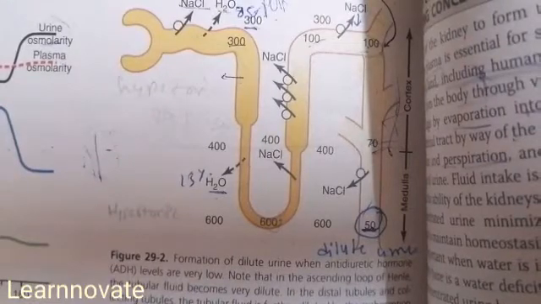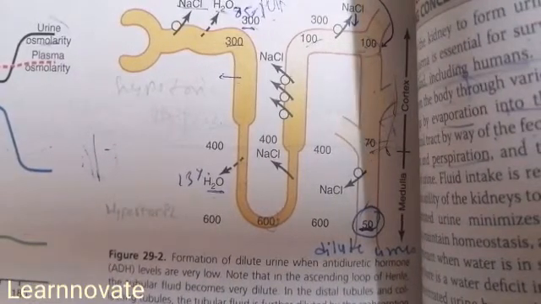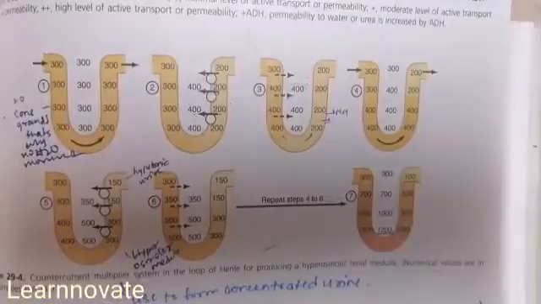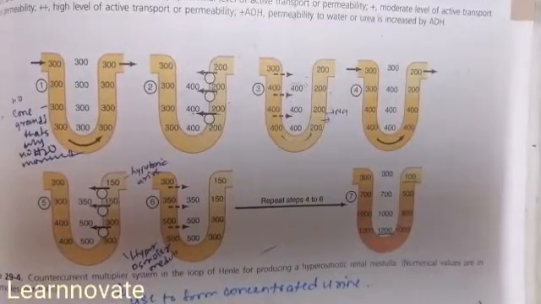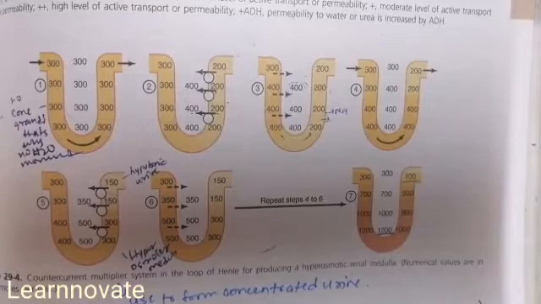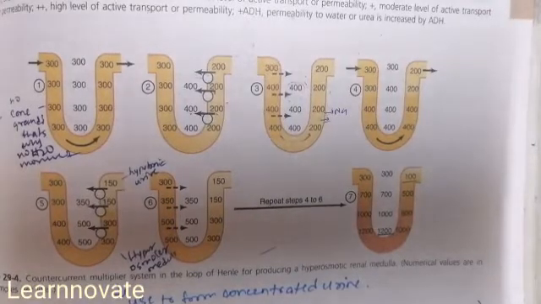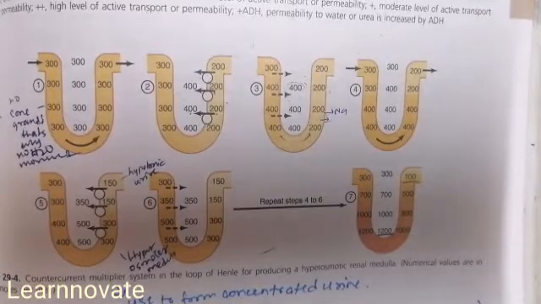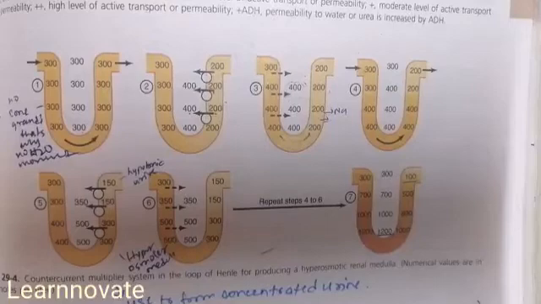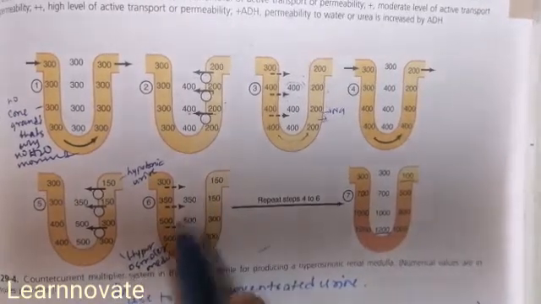Now coming to the mechanism behind concentrated urine. Here we can see how the kidney forms the concentrated urine. First, concentrated urine is dependent on interstitial hypertonicity. The renal medulla maintains its hypertonicity to form the concentrated urine. The maintenance of this medullary hypertonicity is produced by the U shape of the loop of Henle.